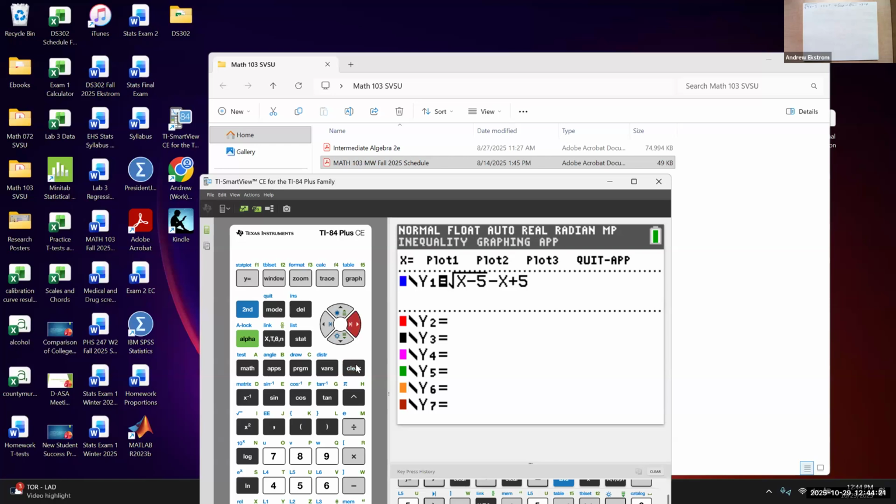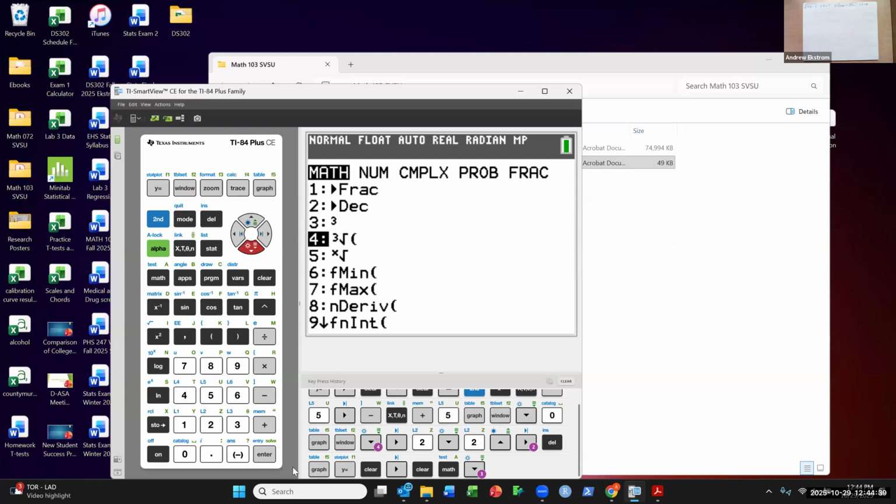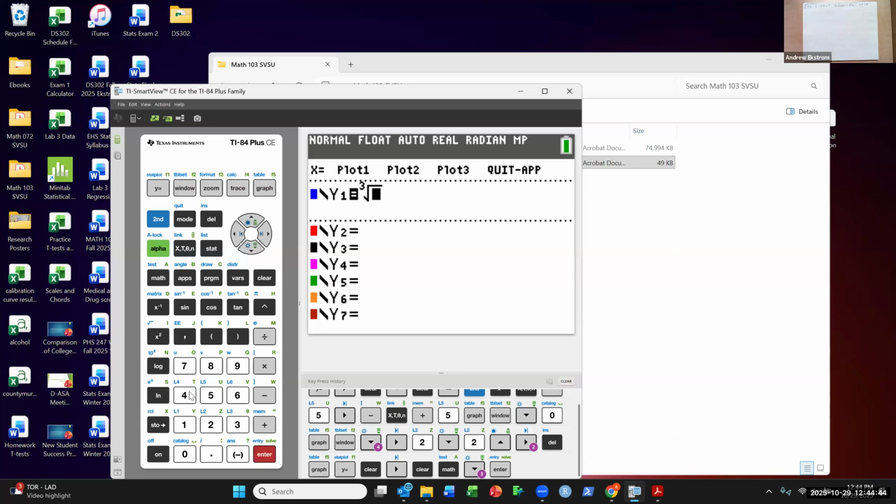So coming out here, clear all this stuff out. With the cubed root, I can go to math, and then down here to where it says where you've got this little cubed root thing. And it even looks like I can get everything on the screen at the same time. This might actually work out then.